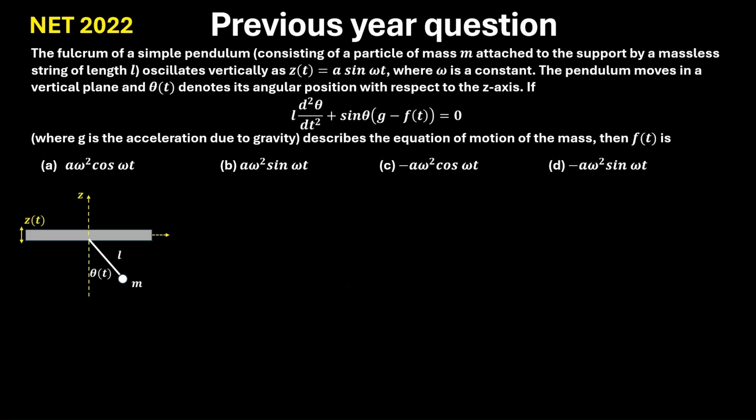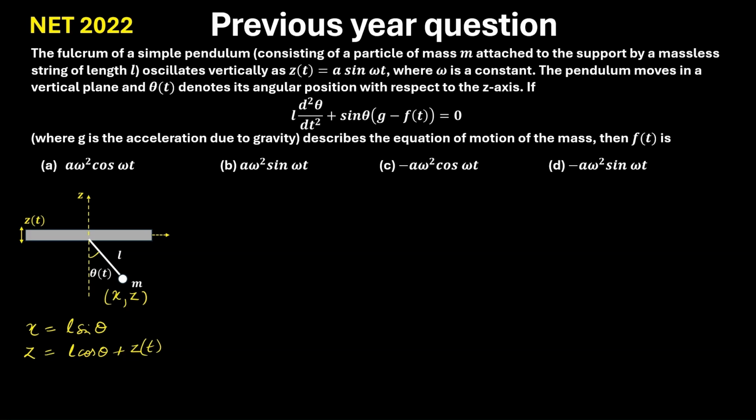Now to solve this, suppose we have the coordinates of the bob as x and z. What is x here? X will be given by L sine theta. And z is L cos theta plus z(t), because this support is oscillating.